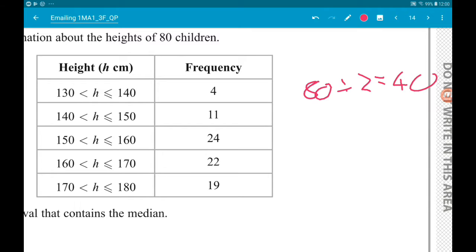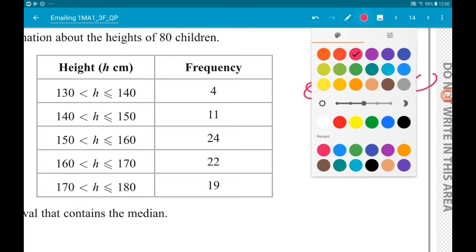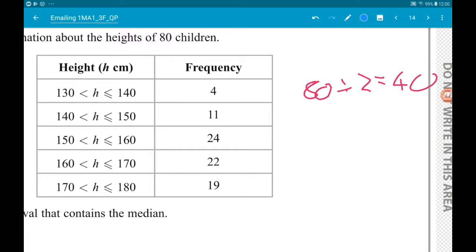is 40. Now because there is an even number of people, there isn't actually one person in the middle. The median value would be halfway between the 40th and 41st person, but we don't really care about that. All that we need to do is go through the frequencies and add them up until we get the interval containing the 40th and 41st person.